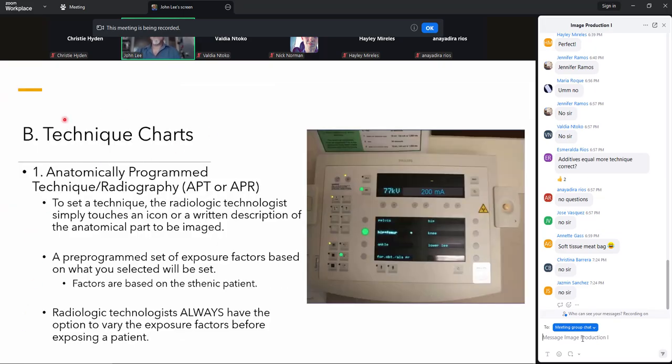Aside from the technique charts, as advanced as imaging has become, you know, we probably first got our digital systems in this area around 2002. So for the first 10 years I was working as a technologist, I had a book that had techniques.